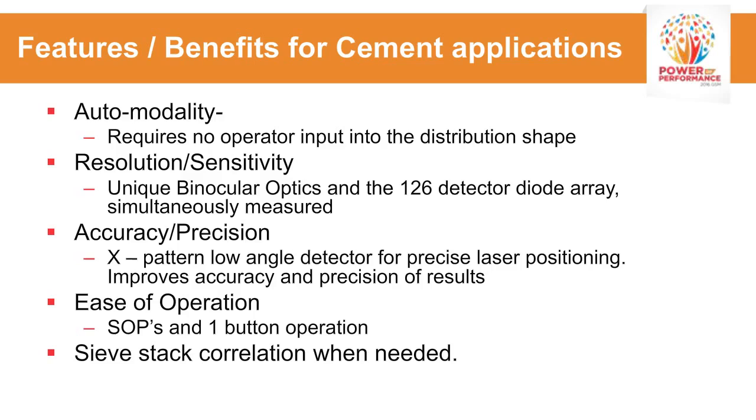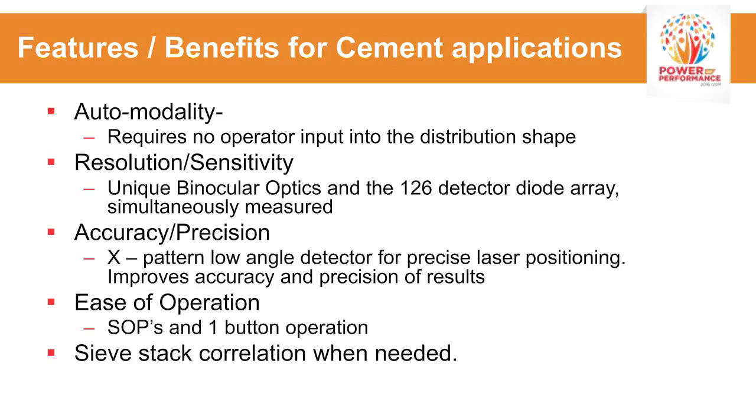Secondly, on resolution and sensitivity, the LS series has what we call unique binocular optics. It allows us to pick up a wide range of light scatter, a wide angular range that is, and we detect this wide angular range using a 126 detector diode array.